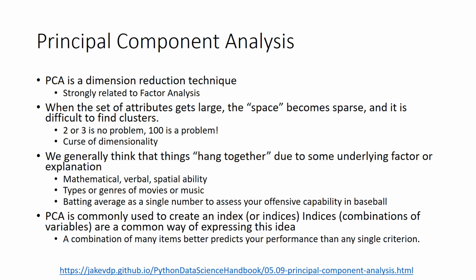One of the things that we see is that as the set of attributes gets large, the space becomes very sparse. If you think about what we've looked at so far, which is scatter plots, when we have a scatter plot with 2 dimensions, those dots tend to hang together pretty easily.